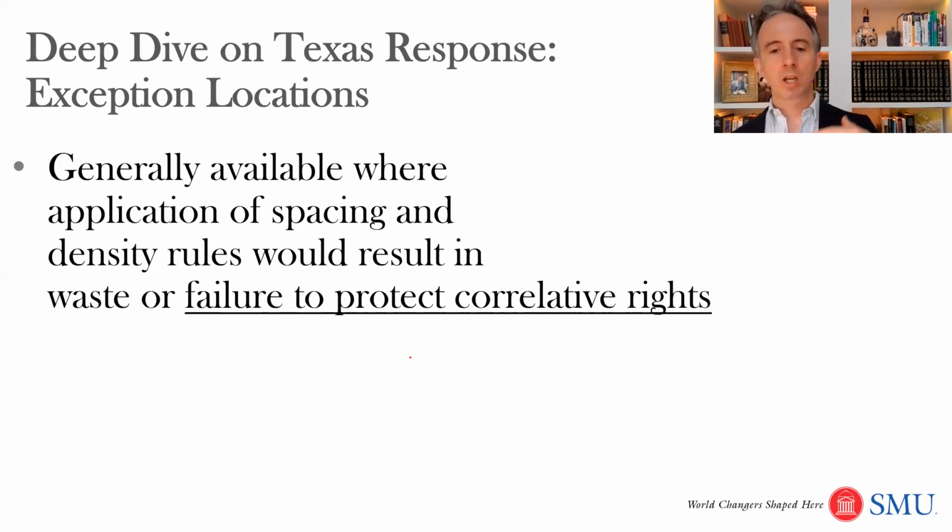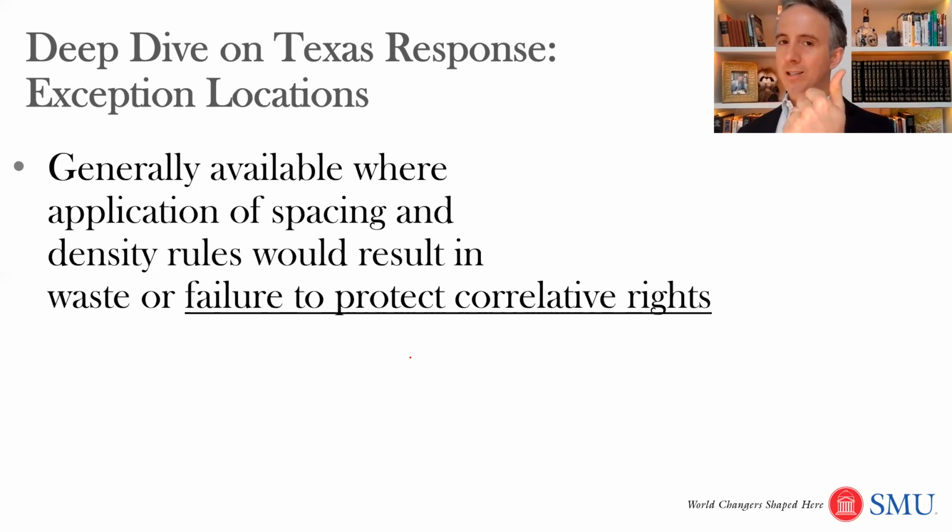So the rule was, generally, you could get an exception well, even if you didn't have enough property, if not giving you an exception well would result in waste or failure to protect correlative rights. Now, if you have a really small property, will not having a well result in waste? Probably not, because probably there will not be any oil and gas left in the ground.